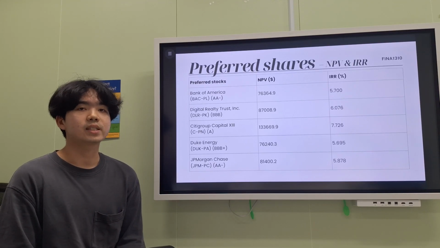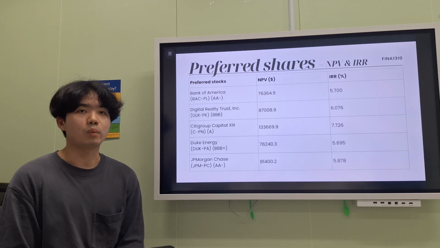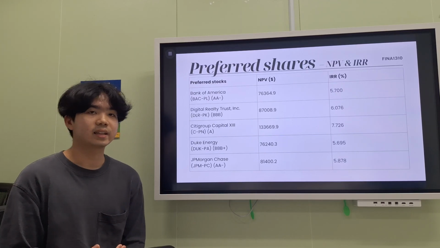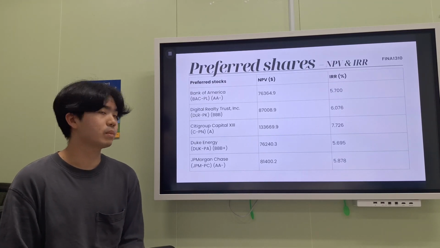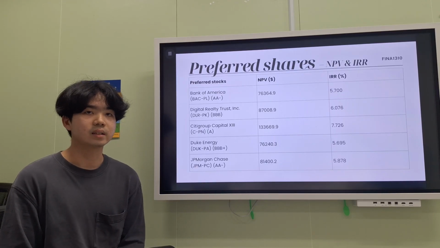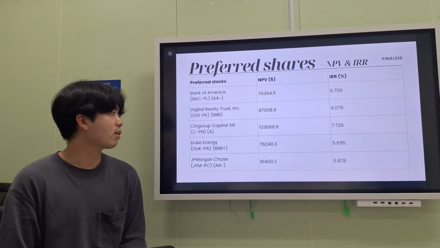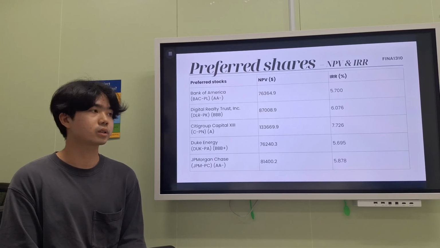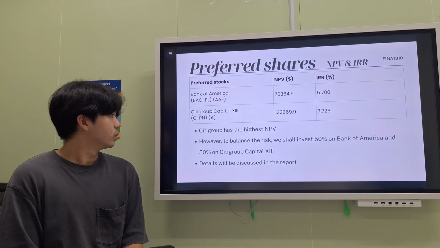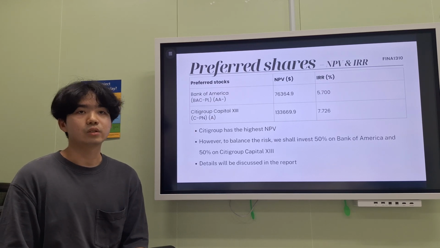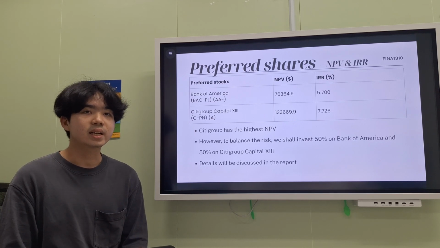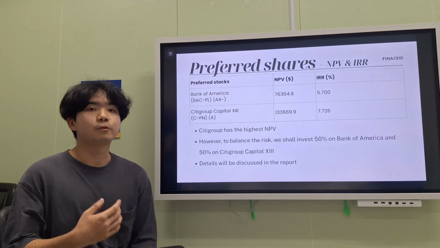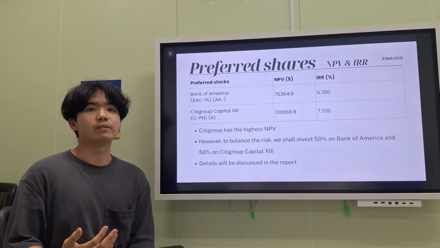We also did some calculation in the Excel file on the NPV and the IRR value, and we found that the Citigroup Capital 8 has the highest NPV with over 100,000 value, and the IRR for it is 7.7%, which is the highest among all preferred stocks. So to balance the risk, we decided to spend half of it in Bank of America and the other half in Citigroup Capital 8. The full calculation and details will be shown in the final report.